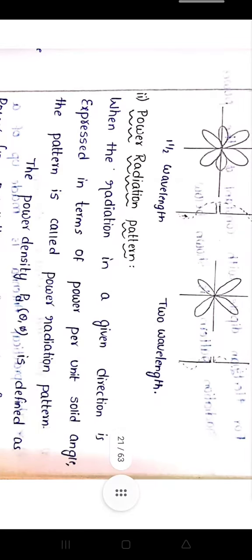Every antenna radiates some power. When input power is given to the antenna, there will be some power loss and there will be power radiated by the antenna.